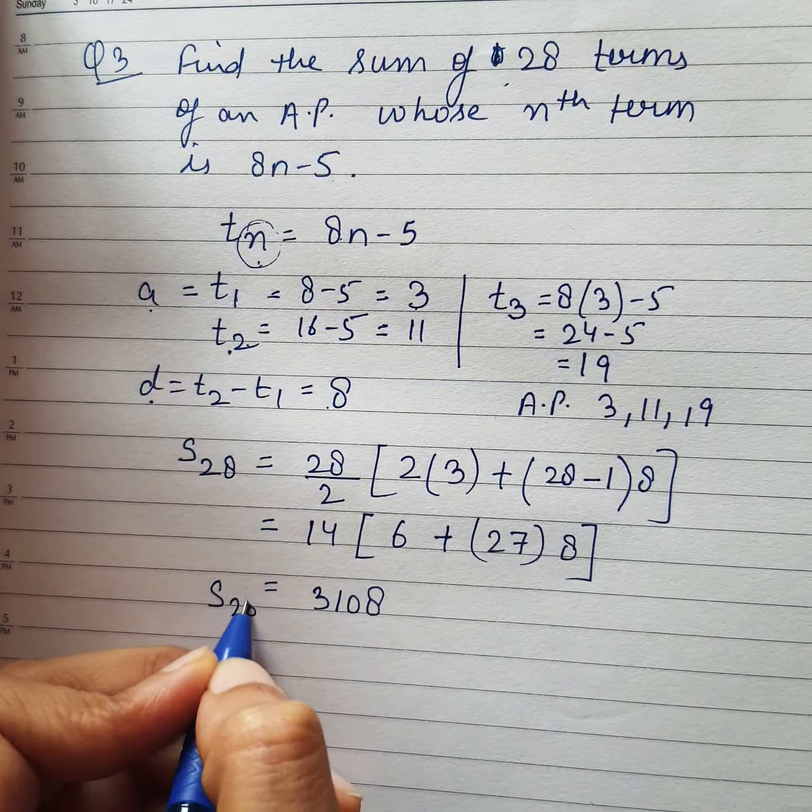Once you are done with a and d, you have to find S51, which is 51 by 2 (2a, the value of a you will substitute from here, then n minus 1, 51 minus 1, 50d). Substitute the values of a and d found from here and solve. That will be your answer.